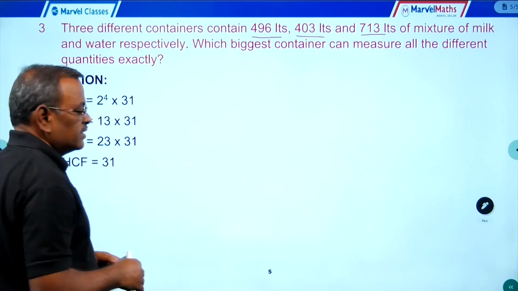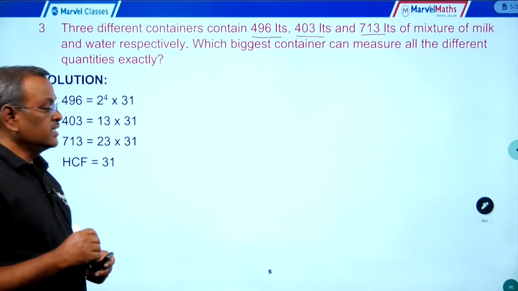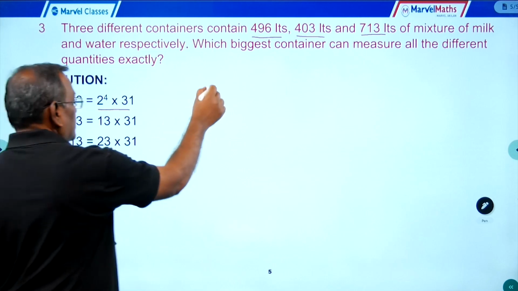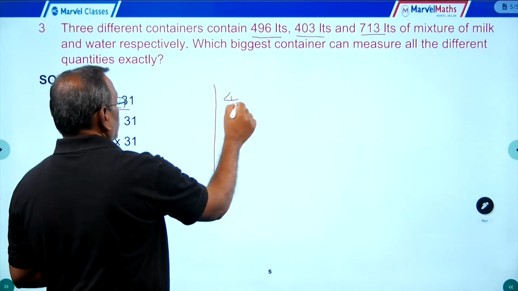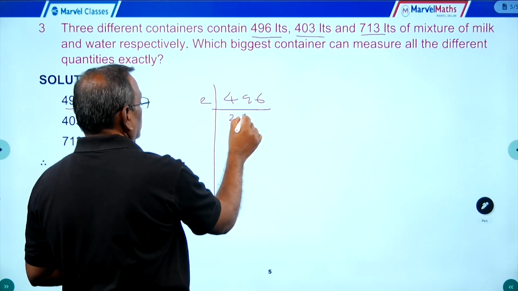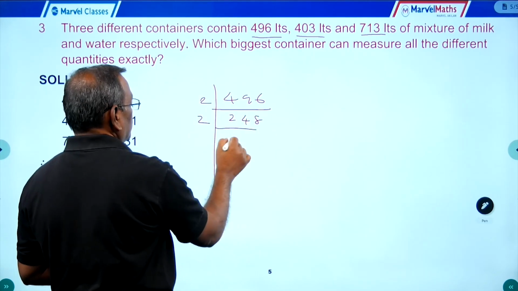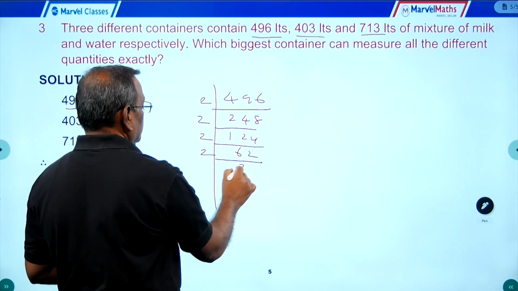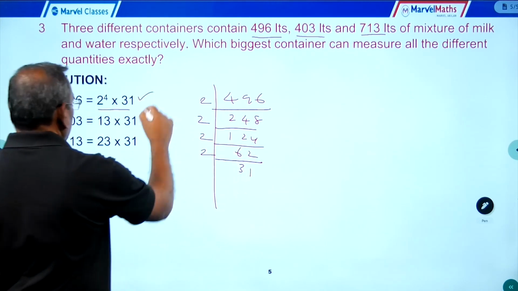So for that, this problem is related with HCF. First, 496 equals 2 power 4 into 31. Use prime factorization: 496 by 2, 248, again by 2, 124, again by 2, 62, again by 2, 31. So 2 power 4 into 31.